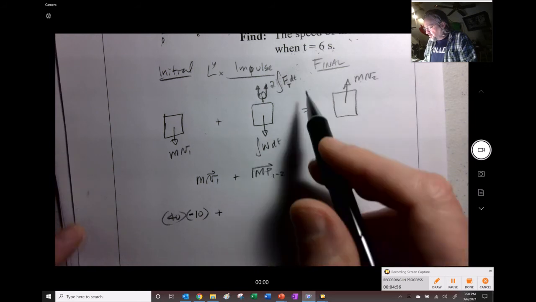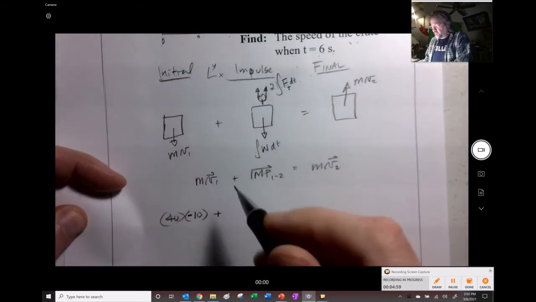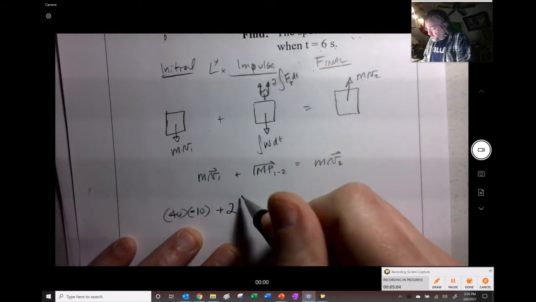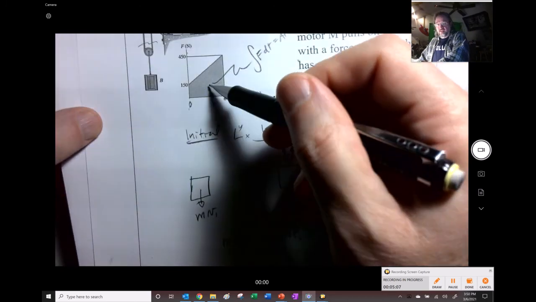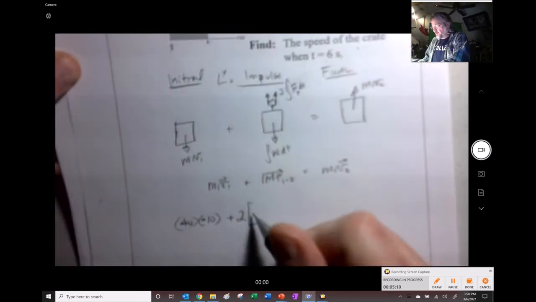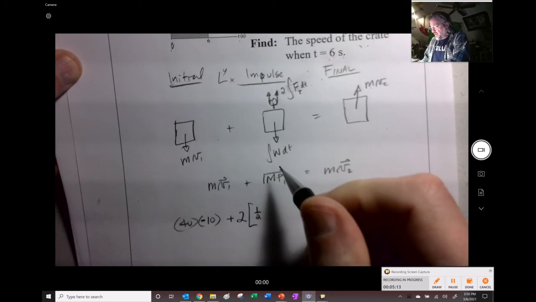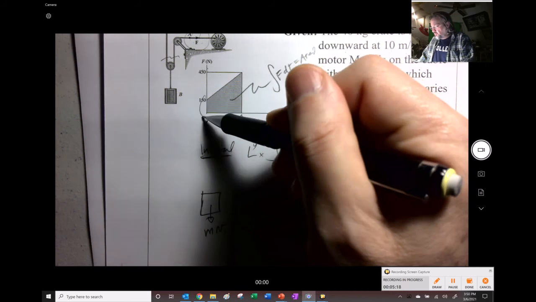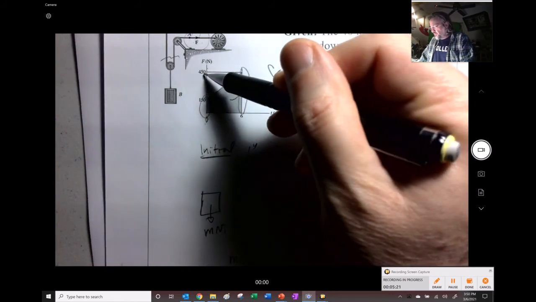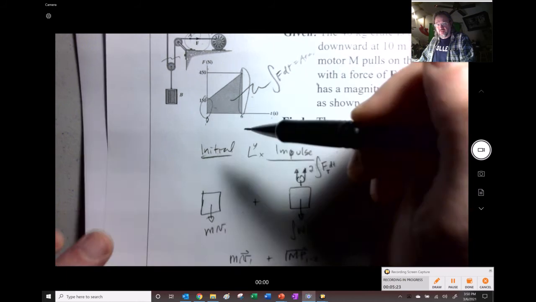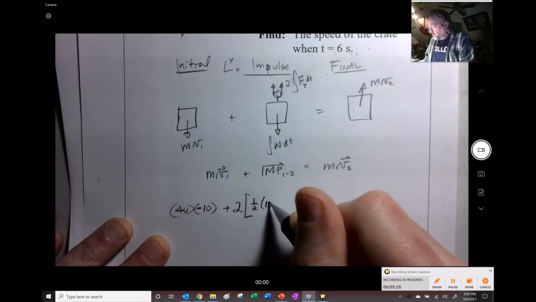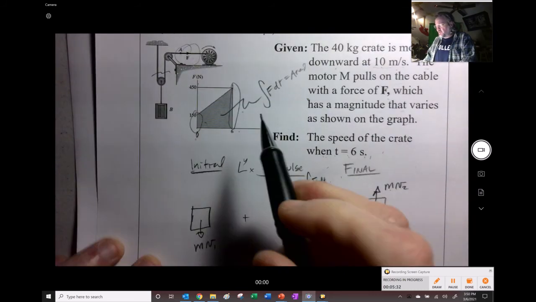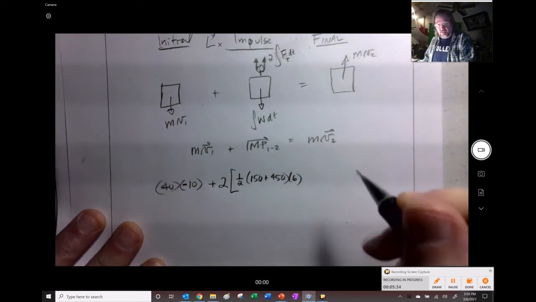This impulse is going to be this part right here, so that's going to be 2 times, and we have a trapezoid. The formula for that is 1/2 times this 150 plus 450, so we get the average of those two, times the amount of time, 0 to 6, so times 6.